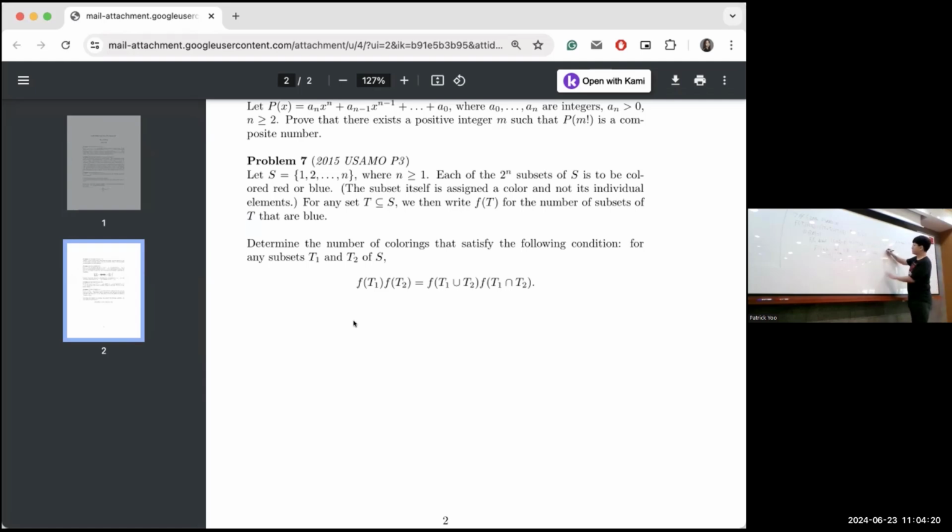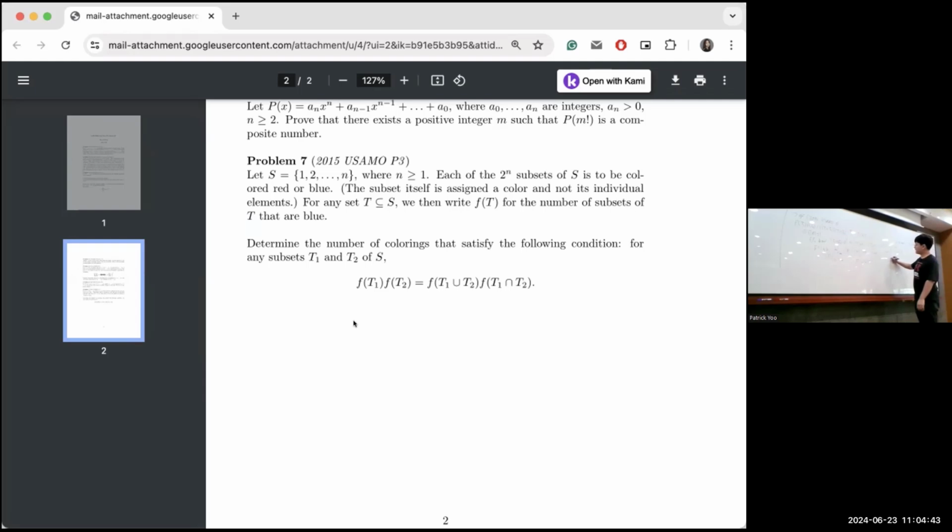So if we look at F(C), F(C) is just equal to the product over i from 1 to T of c(Ci) plus 1, which is 2 to the power of T. But now we notice that the number of subsets of C is 2 to the power of T. So what this means is that every single subset of C must be colored blue.